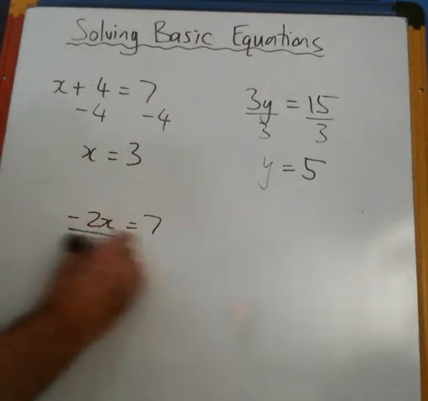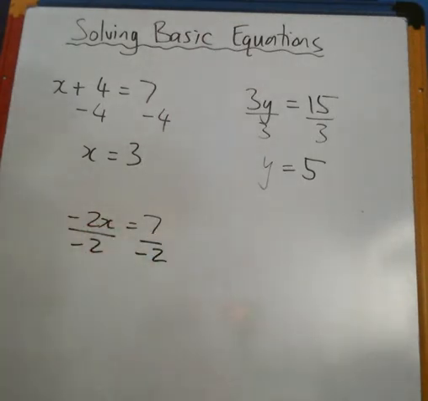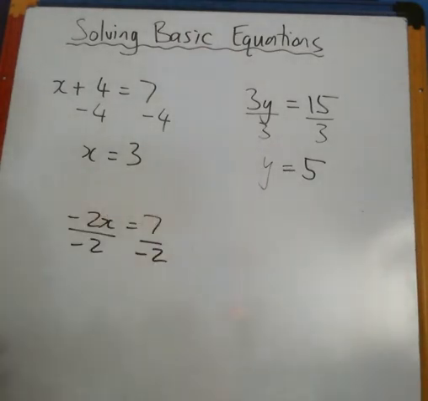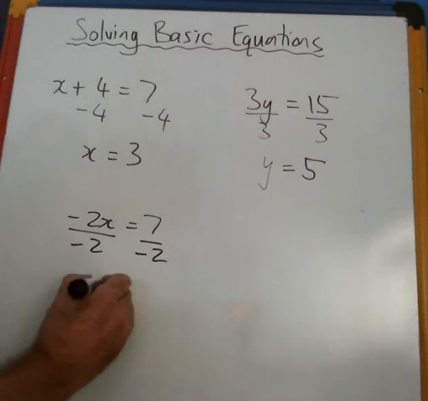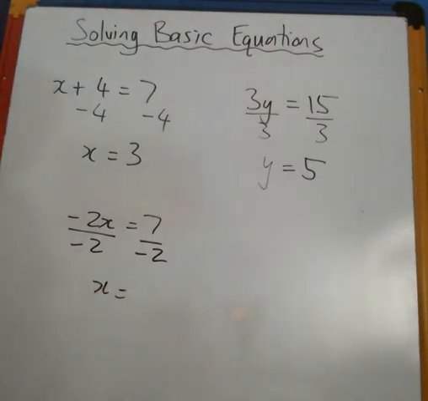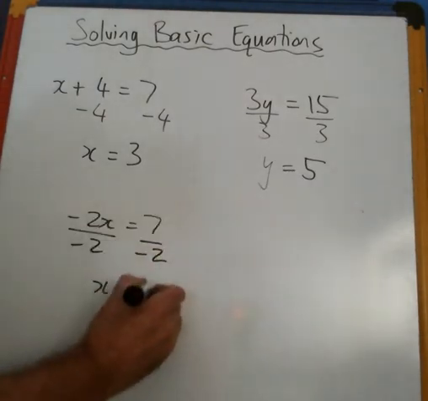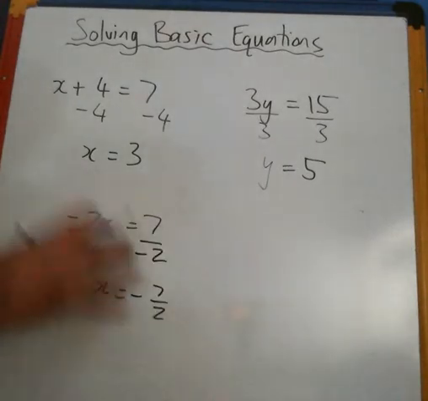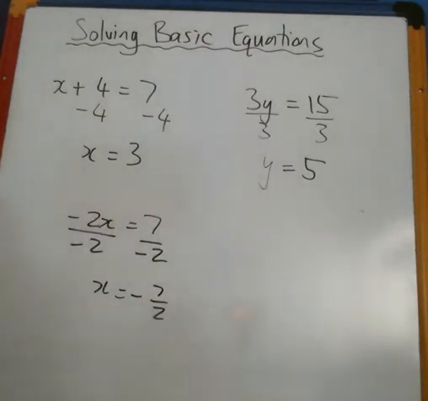Well, if you write the working line there, then the answer is there for you. We always leave our answer as a fraction. So 7 over negative 2 we can write as negative 7 over 2. These ones are a bit more complex and they don't come in until you start doing harder algebra.